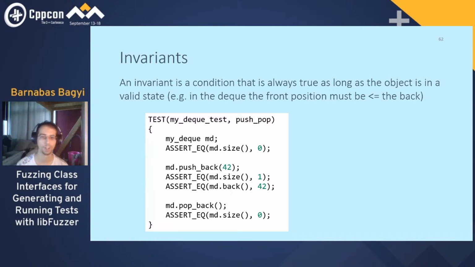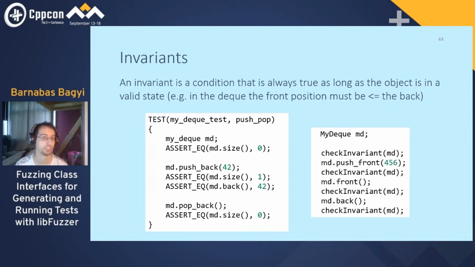Well, we've already observed that unit tests are method calls with state assertions in between, right? On the left, we have the unit test example from the start of my talk. Now, what we can do is just take the generated test case and inject invariant checks between each method call that we have.